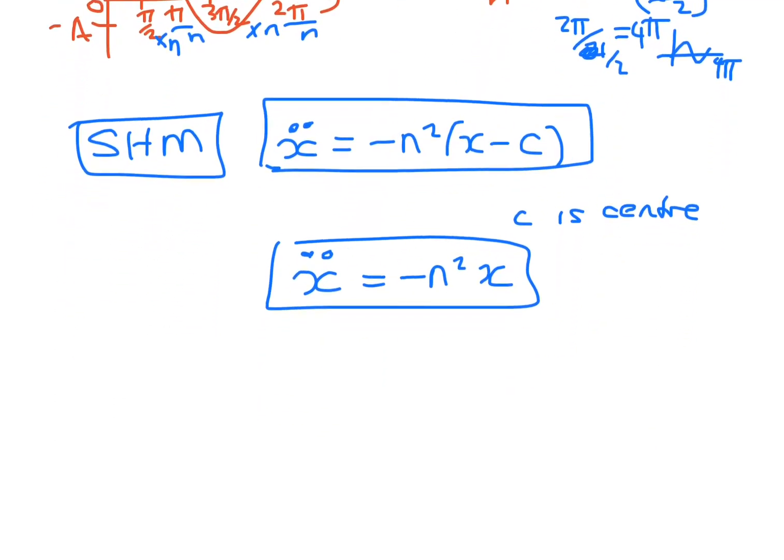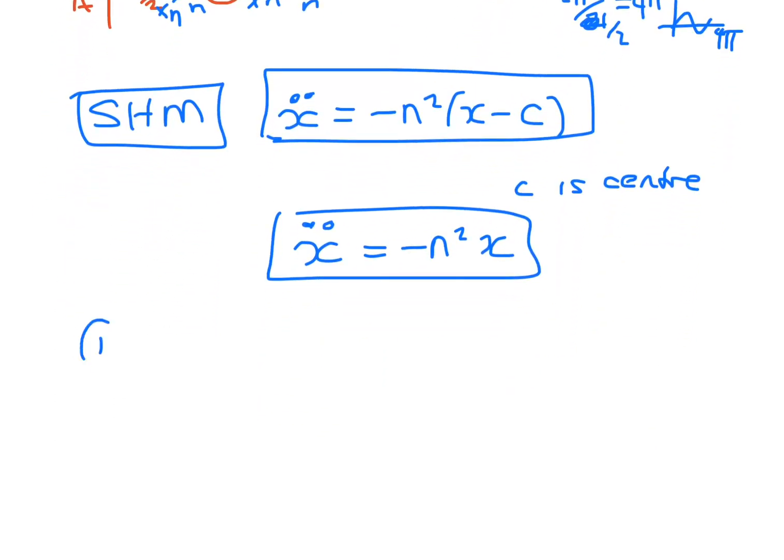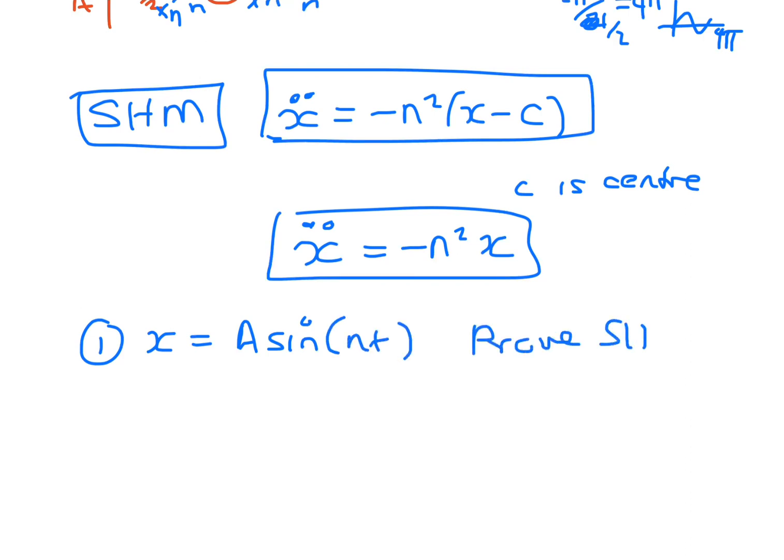So let's just say you start with x equals a sine nt, and you want to prove that that is simple harmonic motion. Simple harmonic motion is basically when the particle oscillates about a central point.